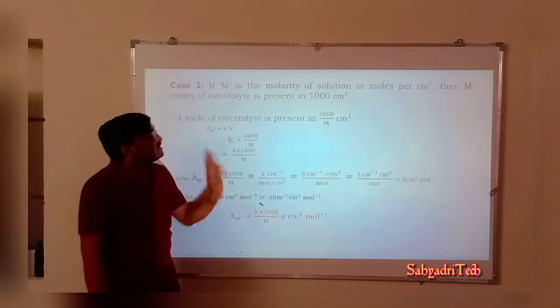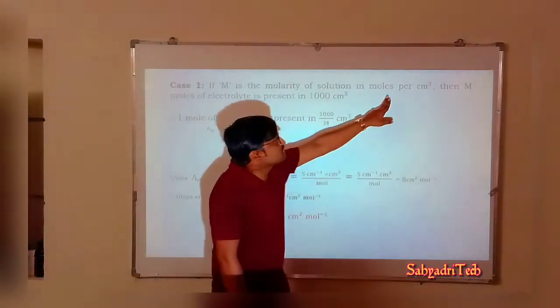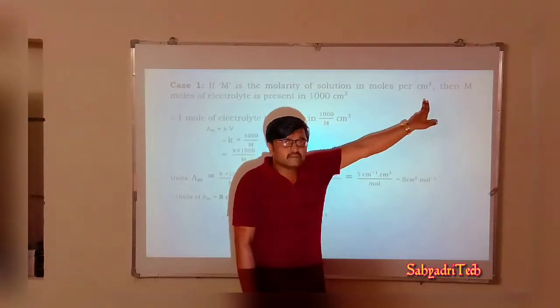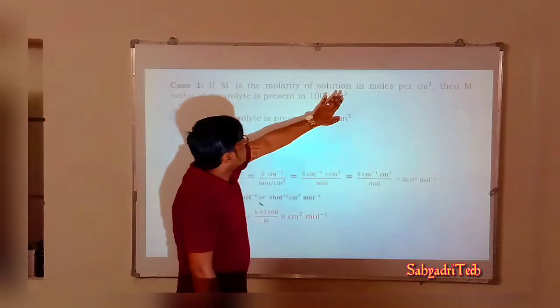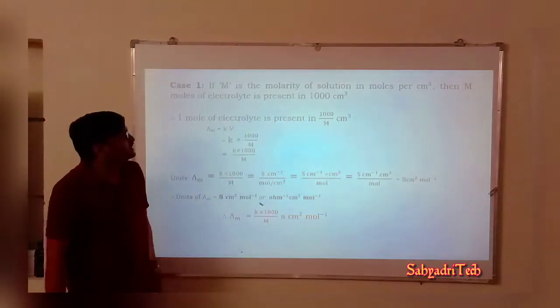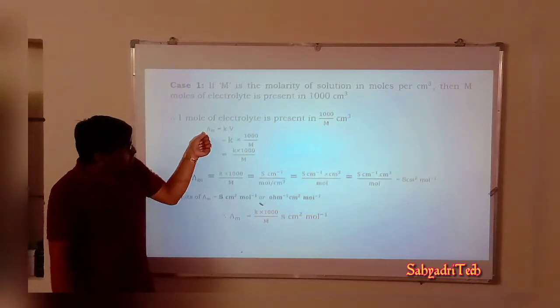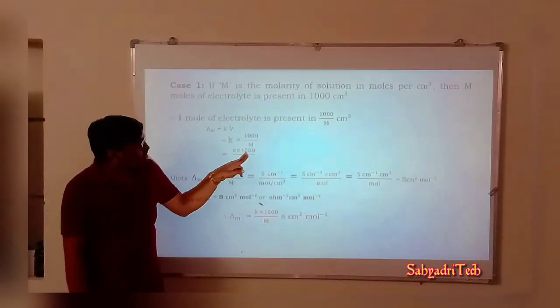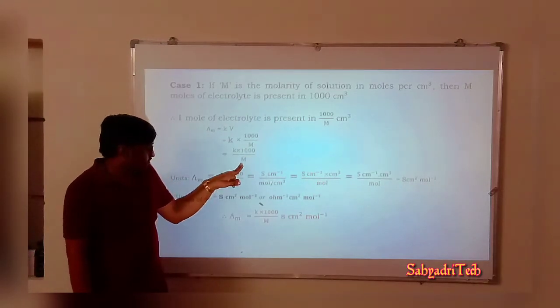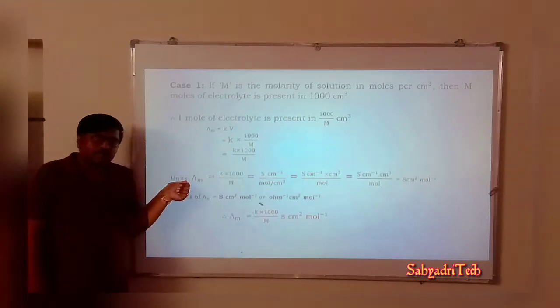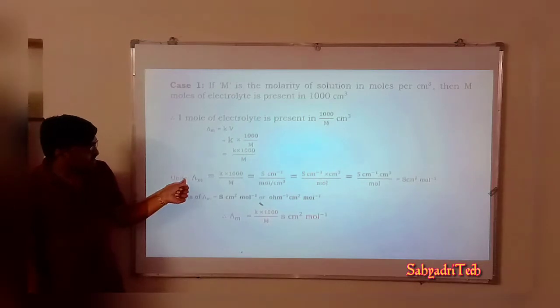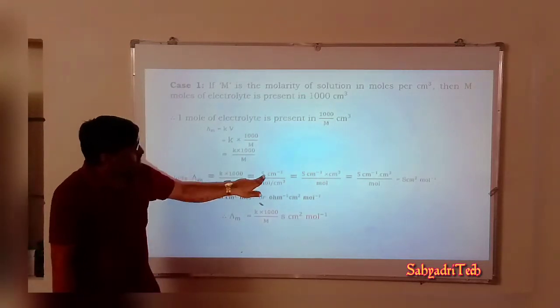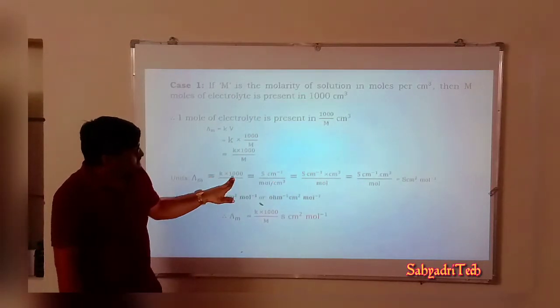If molarity of a solution is expressed in terms of moles per centimeter cube, then lambda m is equal to kappa into 1000 divided by m. So if you go for the unit for lambda m in this case, kappa is Siemens per centimeter, and 1000 is a constant.